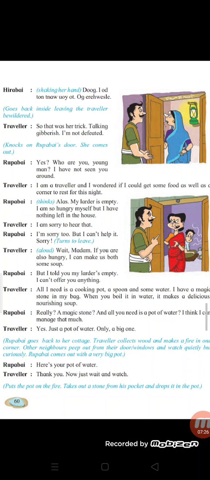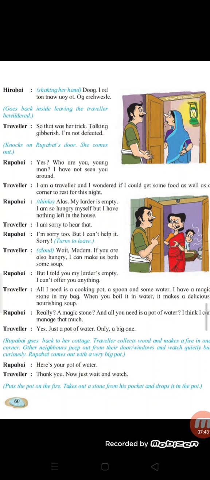Alas, my larder is empty. I am so hungry myself, but I have nothing left in the house. Larder means a room where you keep all the food stored.